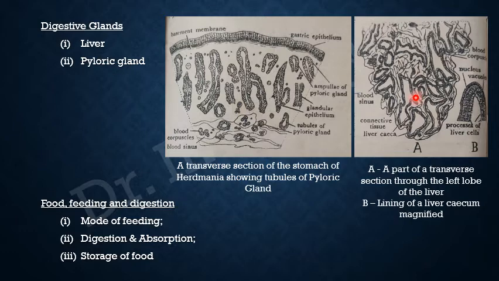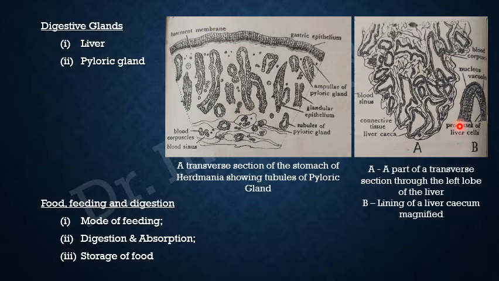Histologically, the liver consists of a mass of numerous branching ceca. You can see the branching ceca over here. One of the ceca is shown in transverse section, and it is magnified and shown over here.